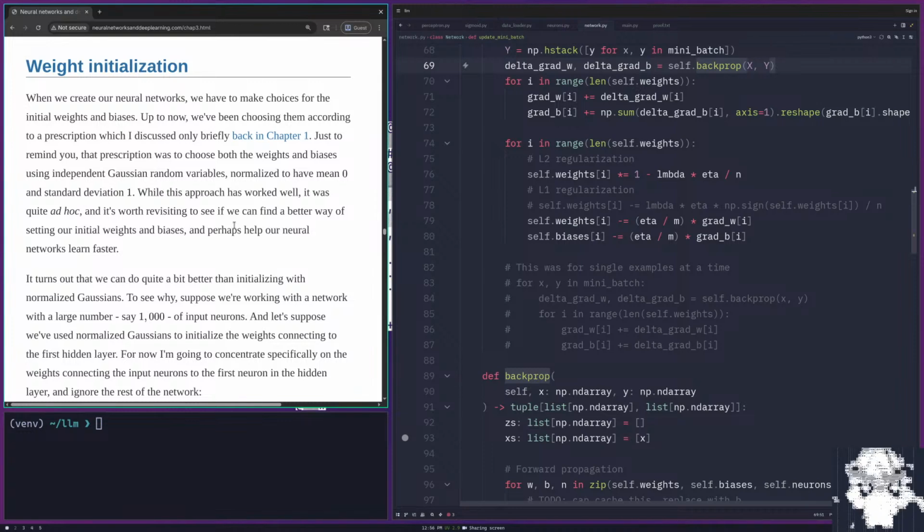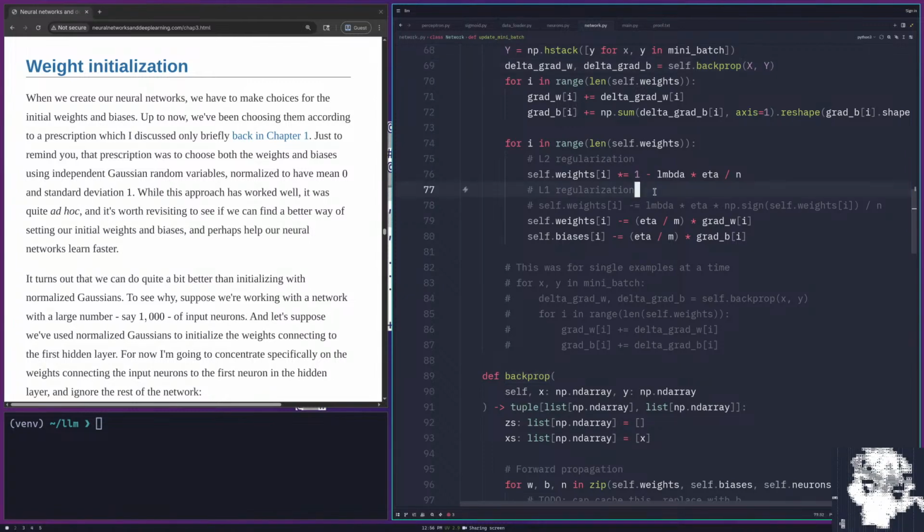Last time we implemented regularization. We got L1 and L2 regularization working, and they both seem to improve our results. We implemented dropout, though I'm not sure if I implemented it properly because it harmed the results slightly.